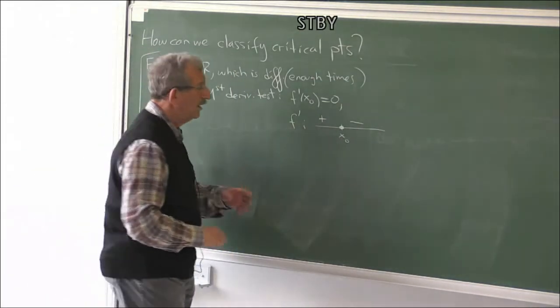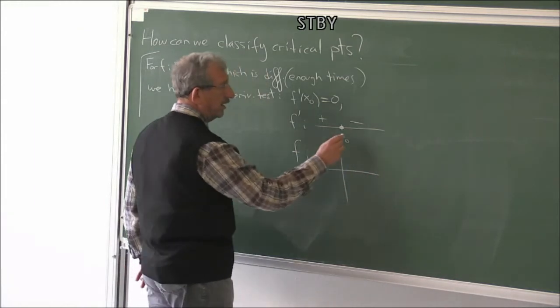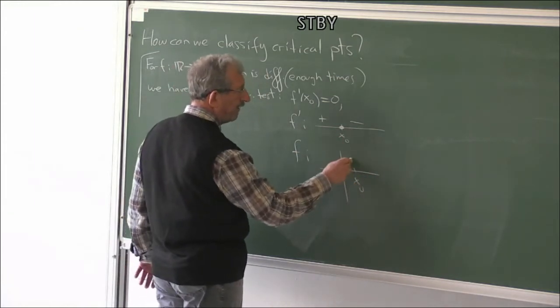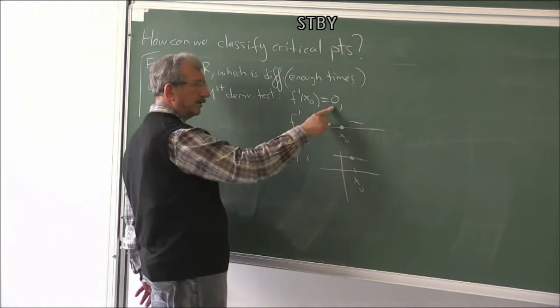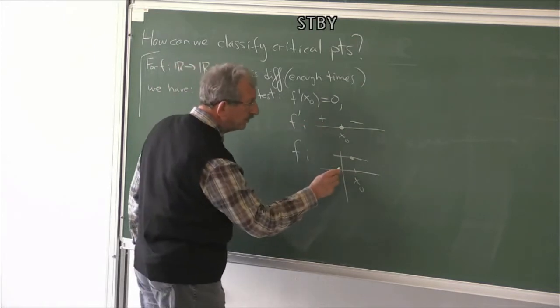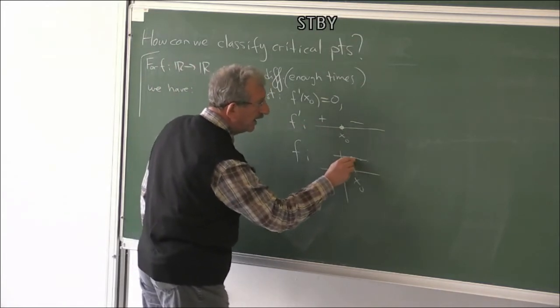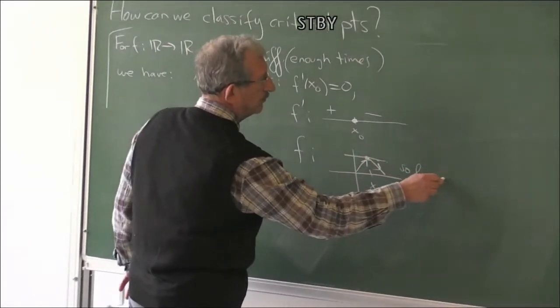That's f prime. It means for f that at x0 we have a value, but the tangent line is horizontal because it's a critical point. And the derivative is positive, which means the function is increasing here and decreasing here. So, of course, local maximum.